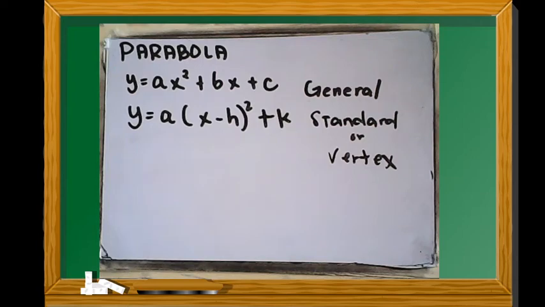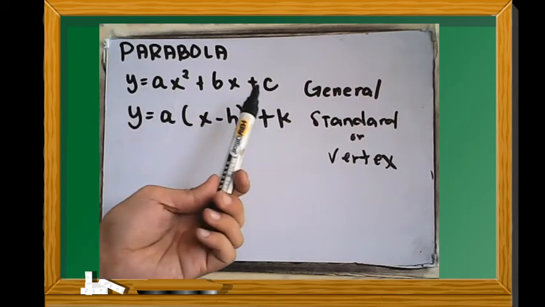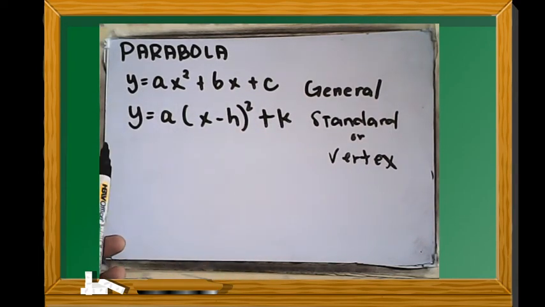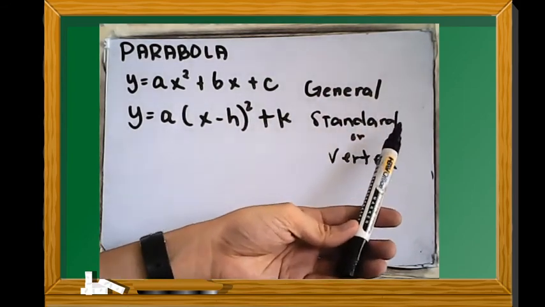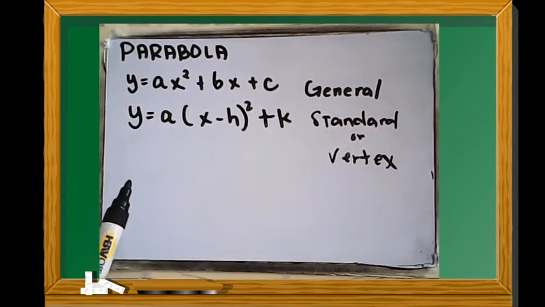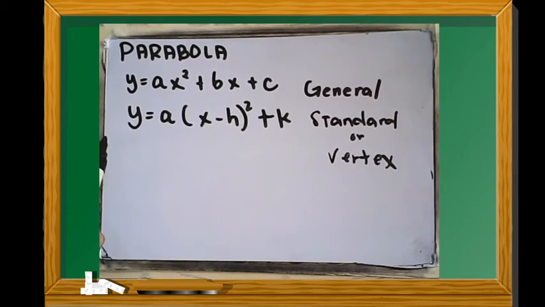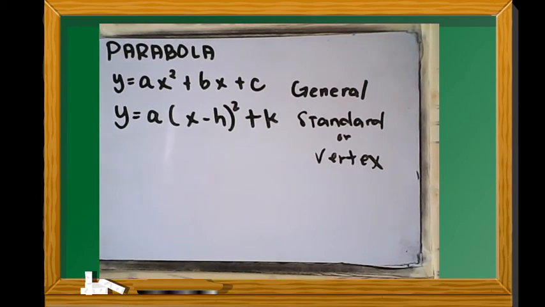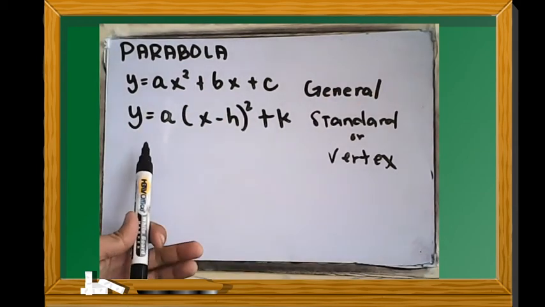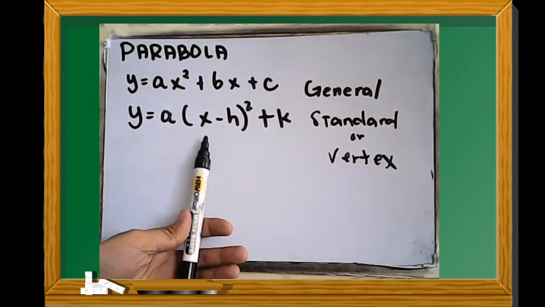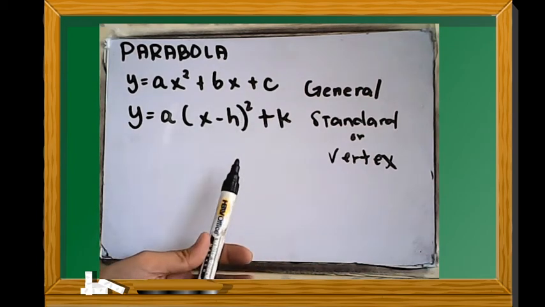So before we have our example, the general formula of a parabola is y is equal to ax squared plus bx plus c. So this is the general form, and then the standard form, or the vertex form, of a parabola is y is equal to a quantity x minus h squared plus k.